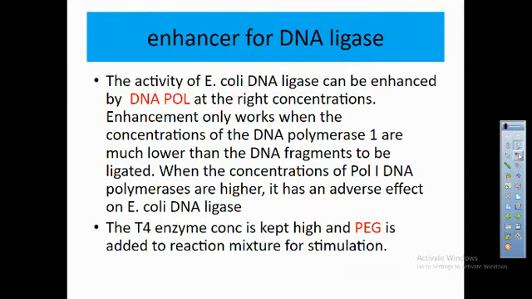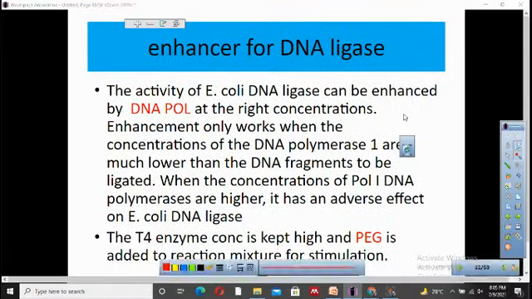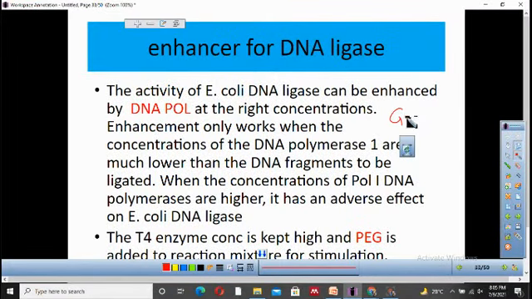One of the enhancers that I told you is the genetically engineered ligase. But besides that, DNA polymerase 1 and polyethylene glycol. This is 1, this is 2, and this is the 3. These 3 are used as the enhancers.